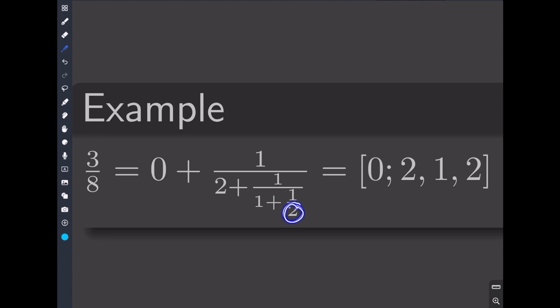So something positive: that has only two chances, 1 or 2, because 2 is already 2. Plus 1 divided by something. That 1 divided by something cannot be 0, so it has to be 1 plus 1 divided by 1.